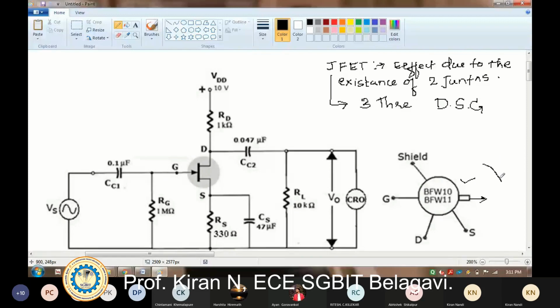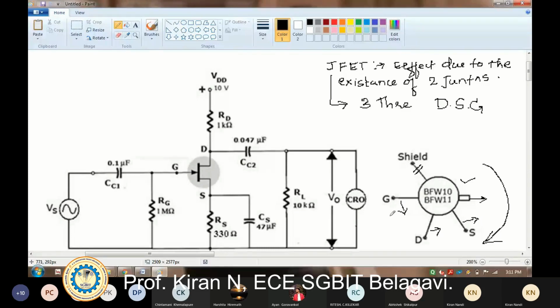The first terminal you will come across is source, the second terminal is drain, the third terminal is gate and the last will be shield. Sometimes this is available in the component and sometimes it is not. If it is available, don't make any connections to that. You just leave it off.